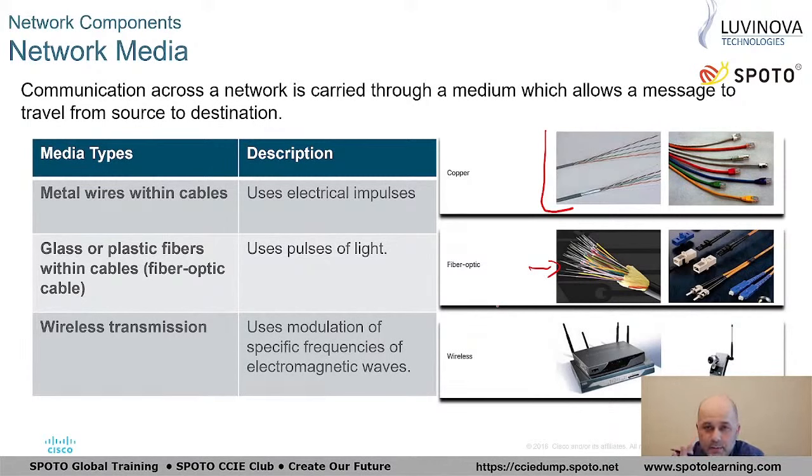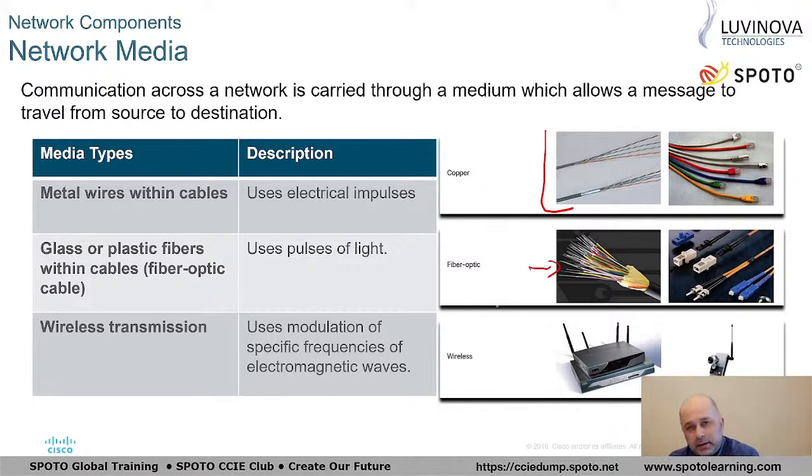And all cables which are connecting our computer into the network are made with a copper core. There are many different cables which you can create from the copper cables. We're going to talk about that later.